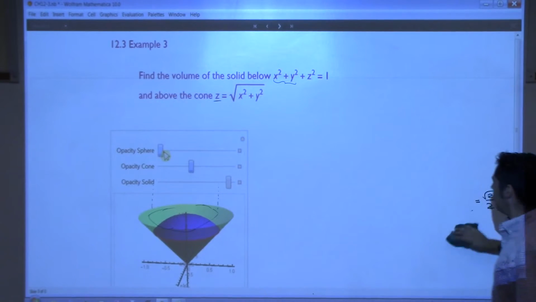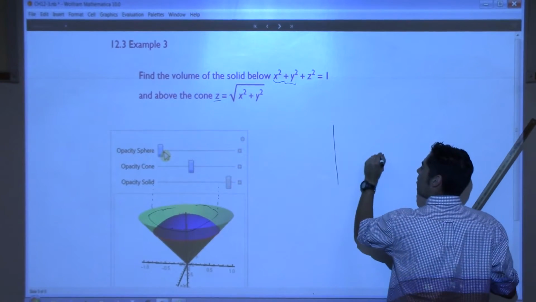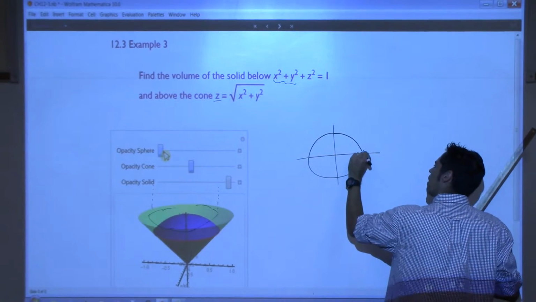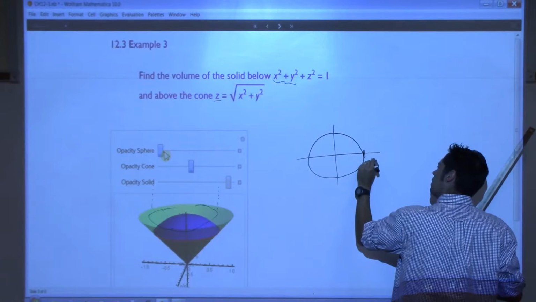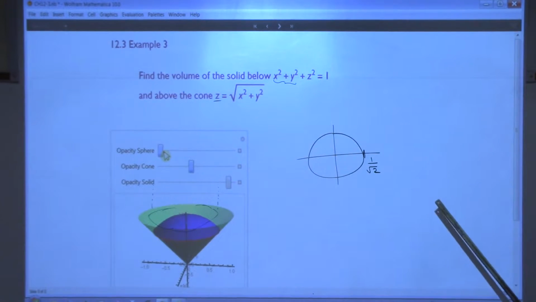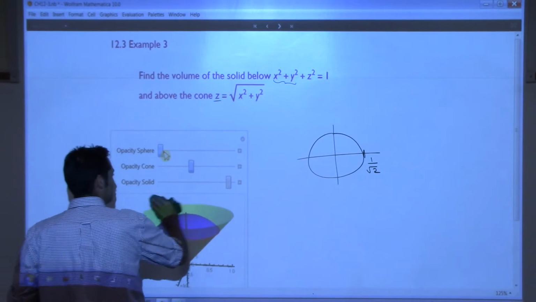Can we draw the region on the ground? We know it's a circle on the ground. It has a radius of, do y'all like 1 over root 2 or root 2 over 2? Does it matter to you? Doesn't matter. Okay, I'm going to use 1 over root 2. I'm still boycotting rationalizing fractions. I've been boycotting them for a long time.